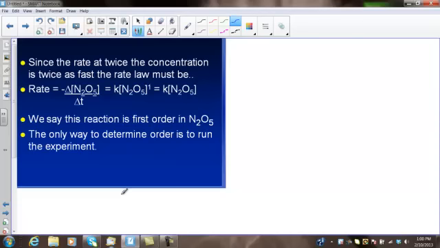The only way to determine the order is to run the experiment. You won't be working with graphing all this data. I'm going to show you how to do it in the calculator. Initially, you'll be doing some of the math by hand, though.